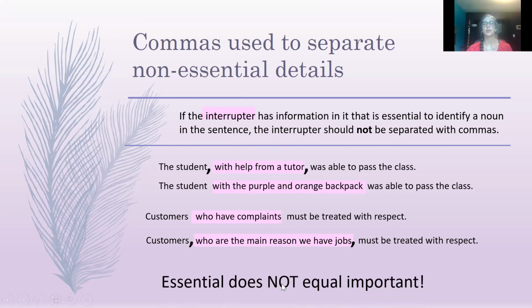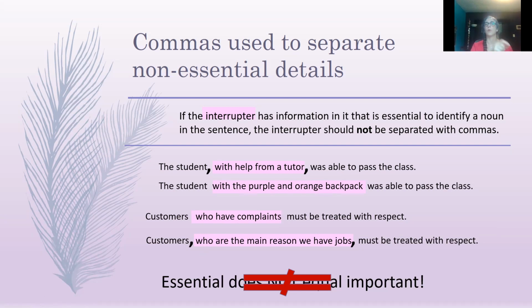Remember, essential does not equal important. And when we say essential, we're talking about identifying information. And again, let's think about these commas as little handles. If I use those commas as little handles and imagine that I am lifting that entire interrupter out of my sentence, I examine it and ask, is there information that identifies a noun in the rest of the sentence?